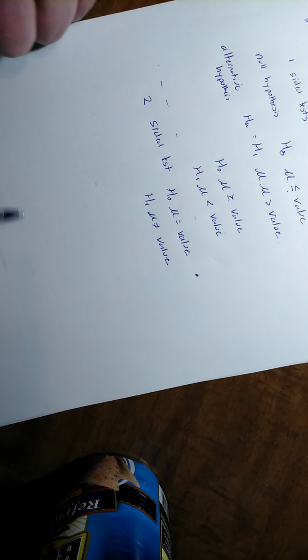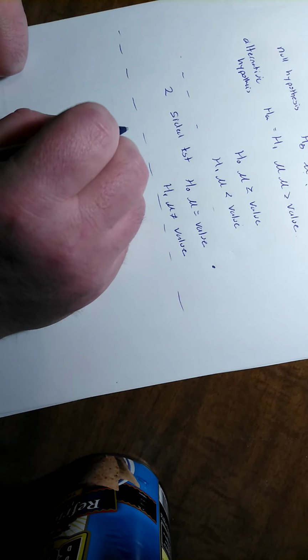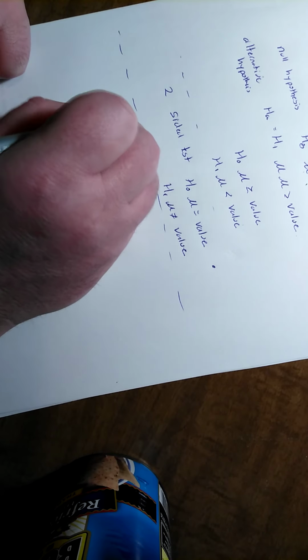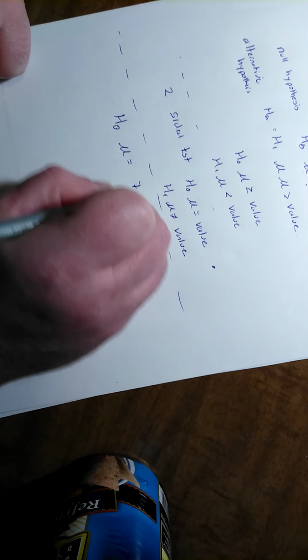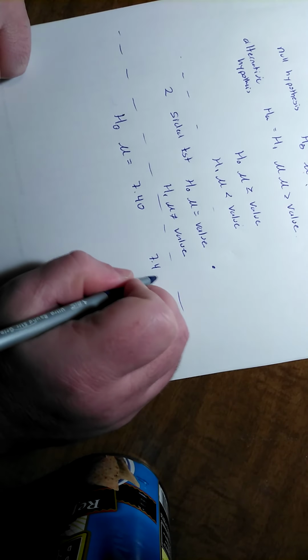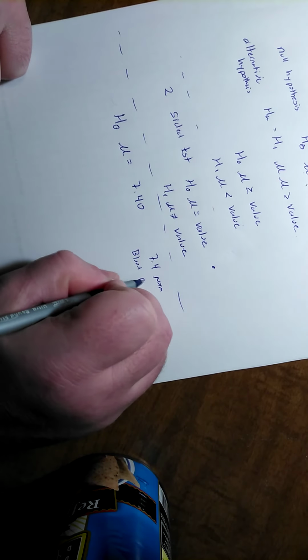What that might look like more specifically: you might have a drug that might change a person's blood pH. So you might say H0, the blood pH remains unchanged. 7.4 is normal blood pH.